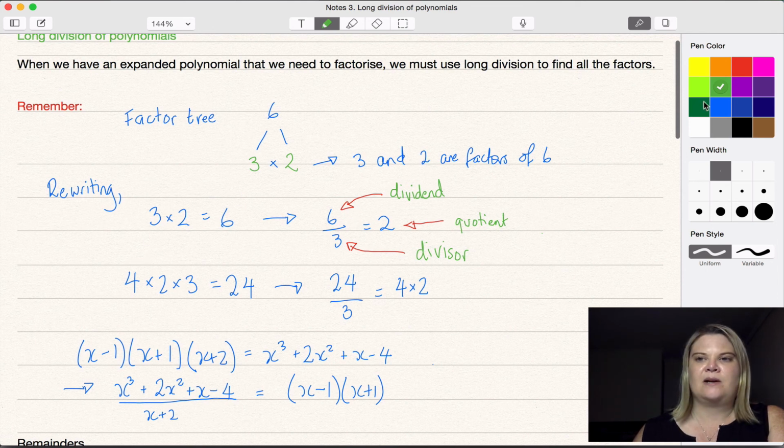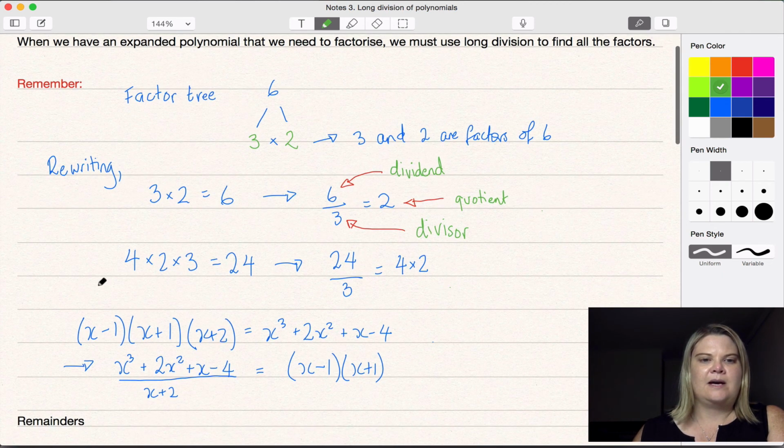A slightly more complicated version: we have 4 times 2 times 3 equals 24. We can rewrite that as 24 divided by one of these factors equals the other two factors multiplying by each other. Same thing: dividend, divisor, quotient.